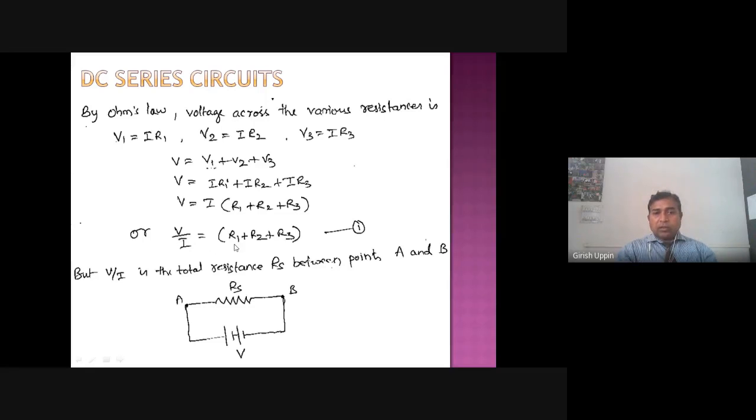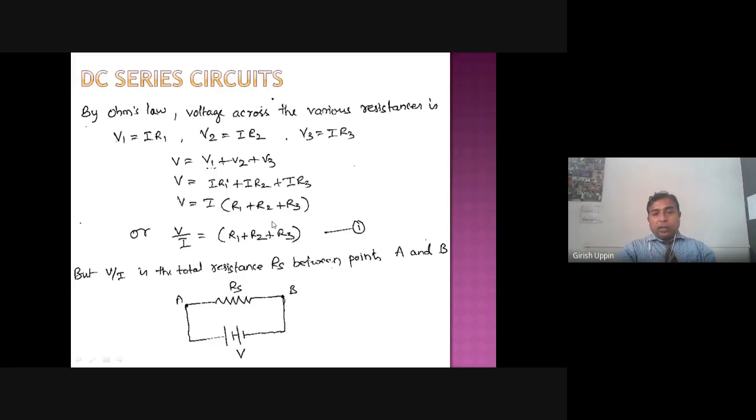So V by I is equal to the sum of all the resistors. So in a series circuit, the effective resistance of that particular circuit is given by the sum of those resistors.